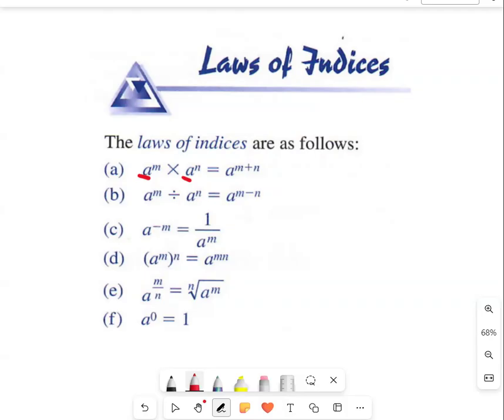So if you have a to the power m multiplied by a to the power n, it's equal to a to the m plus n. You add these two.